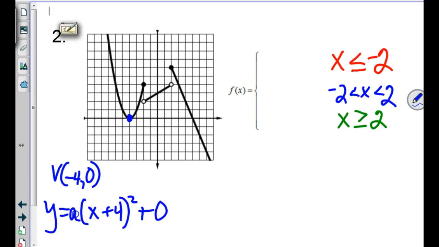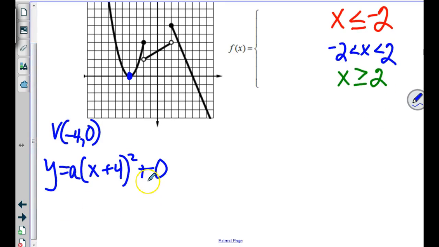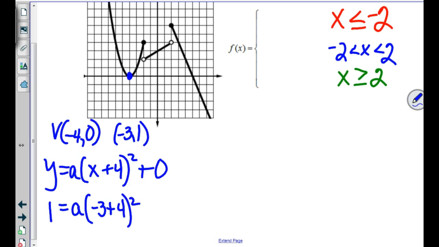And we have to figure out if there's a stretch. So we need to put another point in. You want to pick another point? -3, +1. Okay, so if I put the y value in here and then x value in here, what do I get? -3, it's just 1, right?